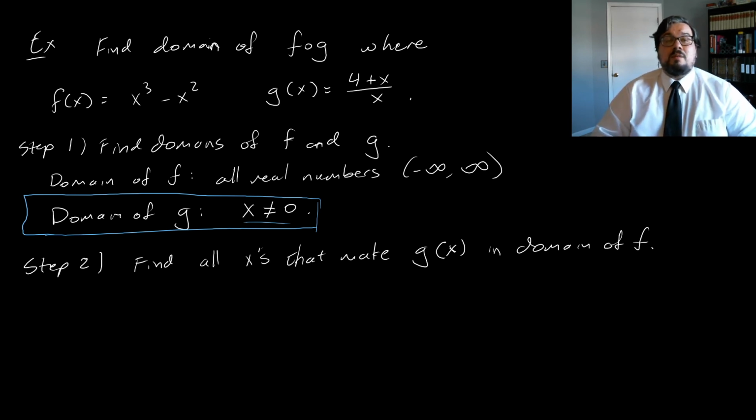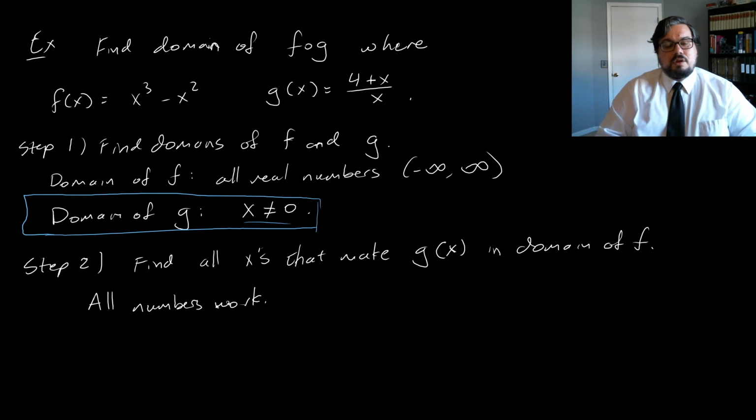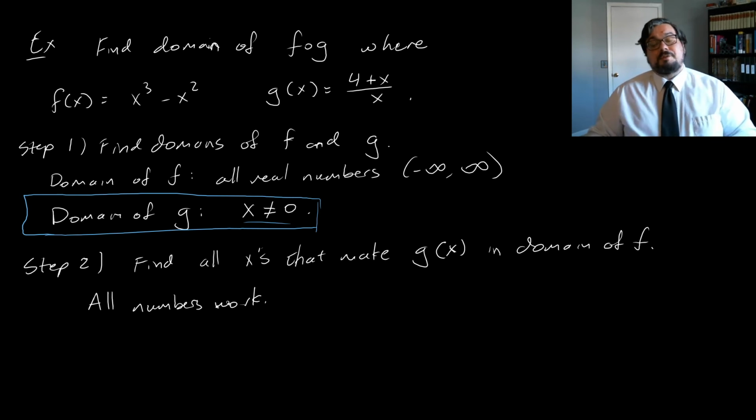So in this problem, this step is trivial, and that's because the domain of f is all real numbers. So in this case, all numbers work, because the domain of f is all real numbers. Therefore, the domain of the composition is going to be the set of all numbers in the domain of g, full stop.